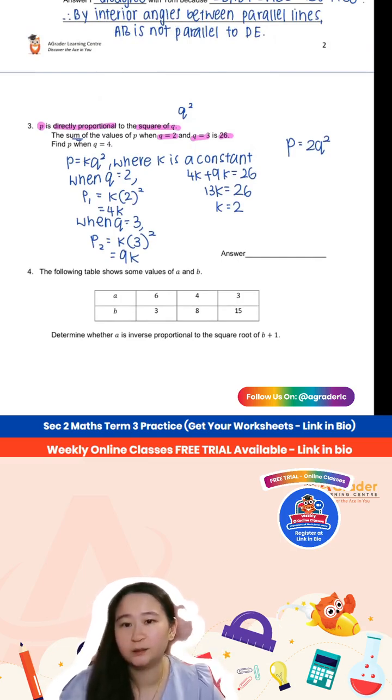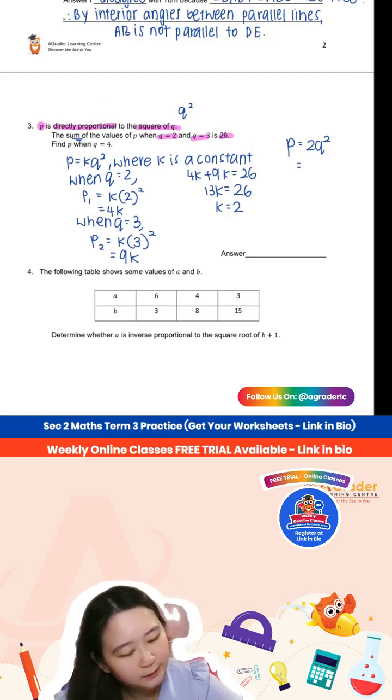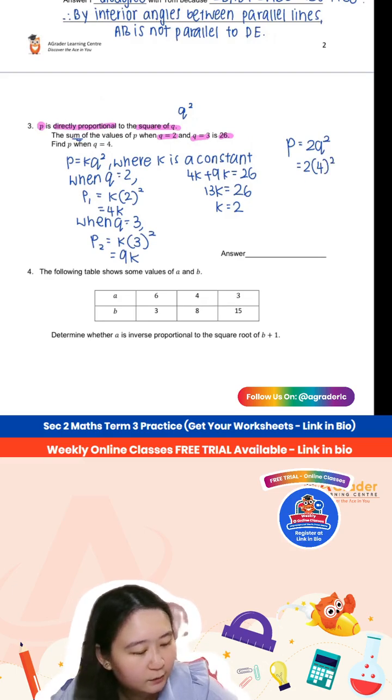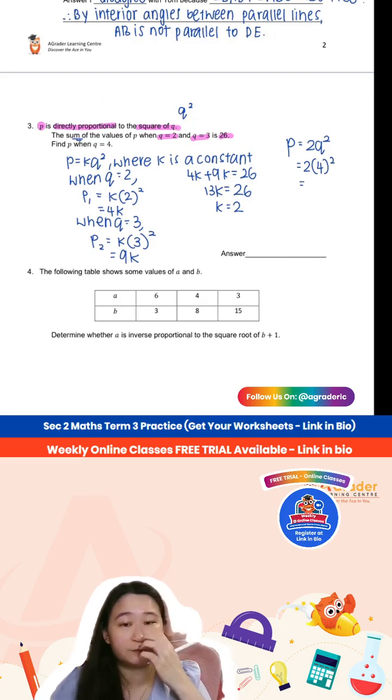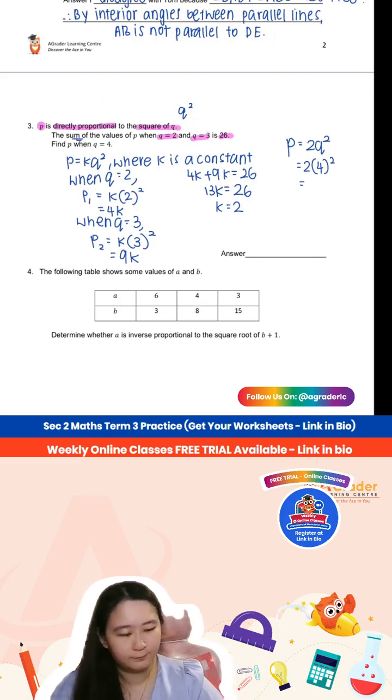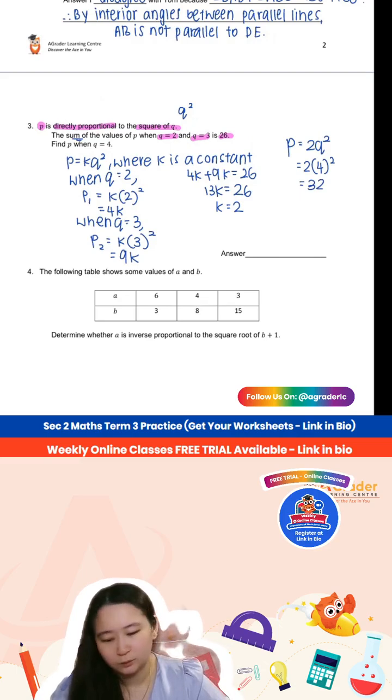Yep, 32 is correct. Well done. So when Q equals 4, we substitute 4 inside. So P will be equal to 2 times 4 times 4, which will give us 32.